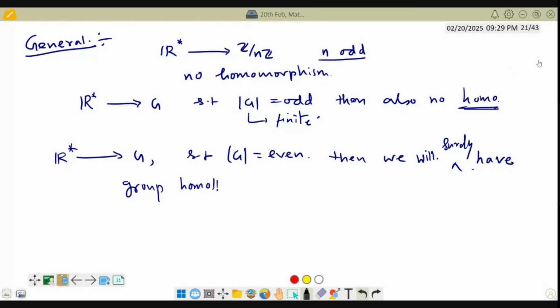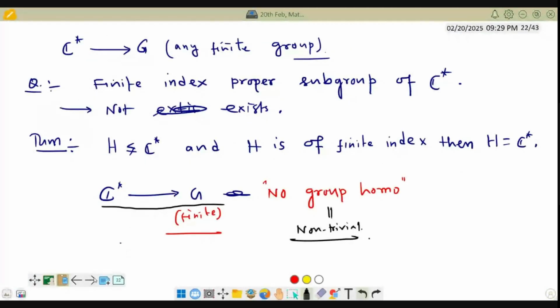Maybe some of you are familiar. As a general fact, you can prove that a divisible group can't have a proper subgroup of finite index. From that you can conclude the same here. If you know what a divisible group is, then that's okay.